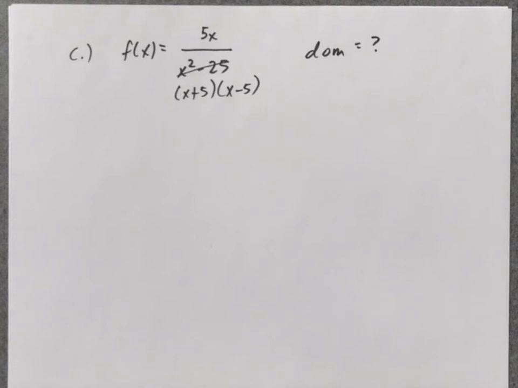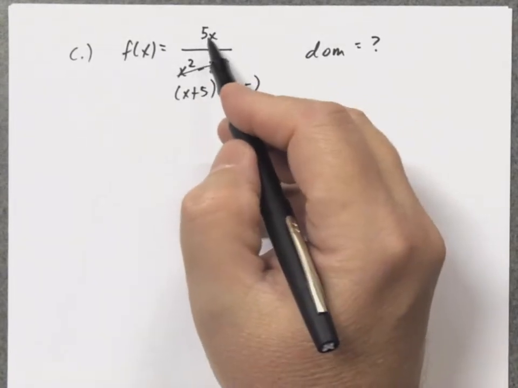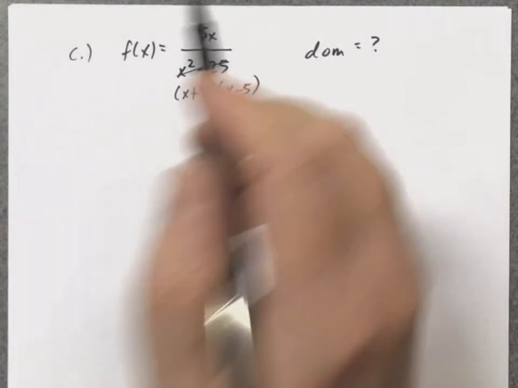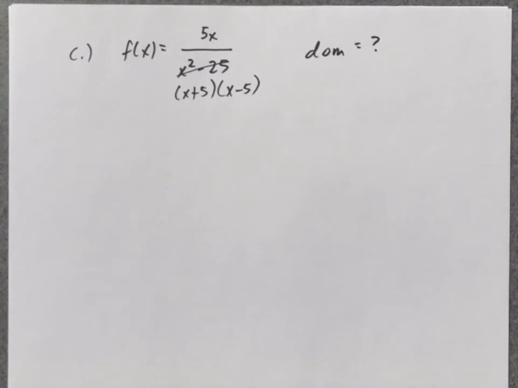Now let me make a point. Some of you might be thinking, well, what about the impact of this 5x in the numerator? We know what? This 5x in the numerator has no impact on the domain. I don't care about the numerator.